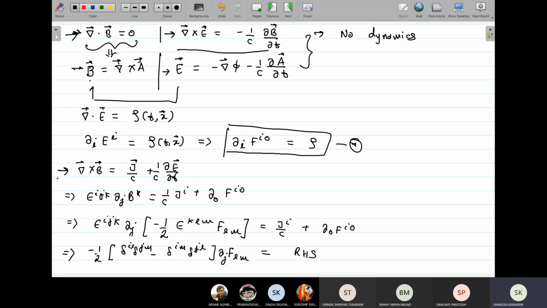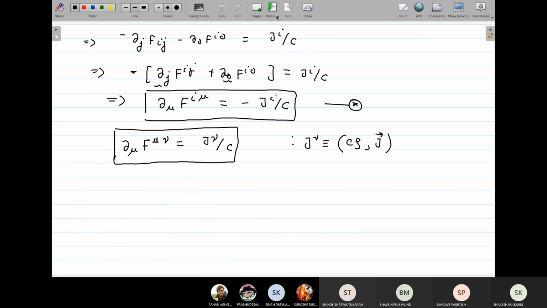For nu equal to 0, you will get del dot E equal to rho, and for nu equal to any space index, you will get the ith component of curl of B.